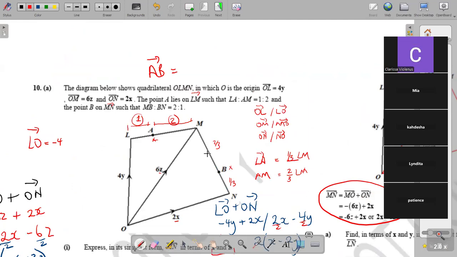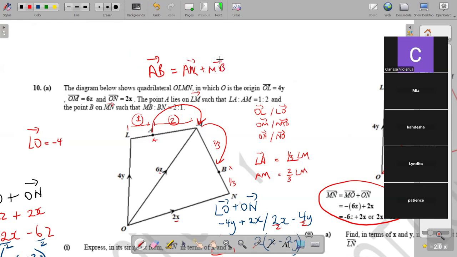Look at the letters. AM, excellent, because I will go from A to M and then what? M to B. Right or wrong, guys? A to M plus M to B.